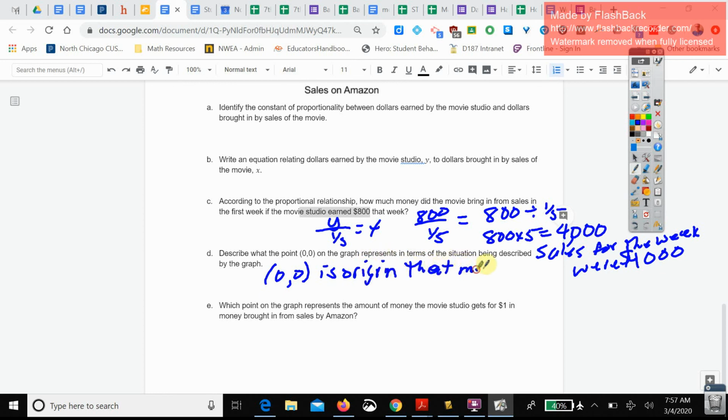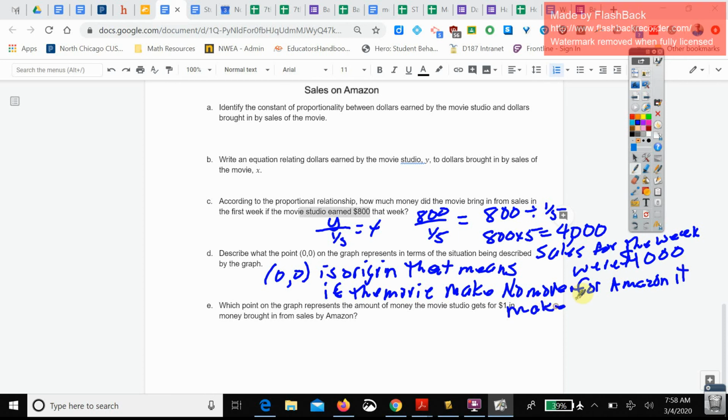That means if the movie makes no money for Amazon, it makes no money for the studio.